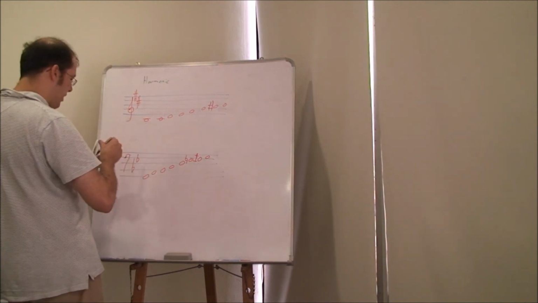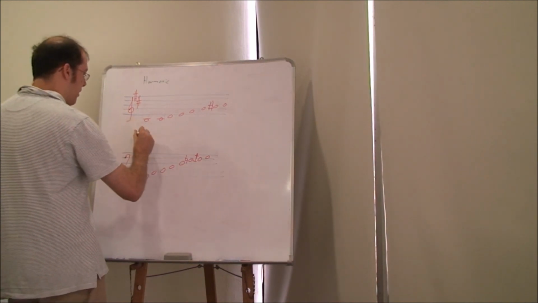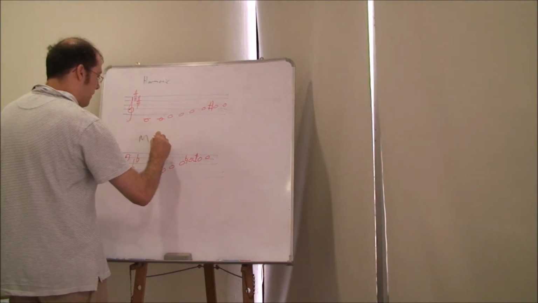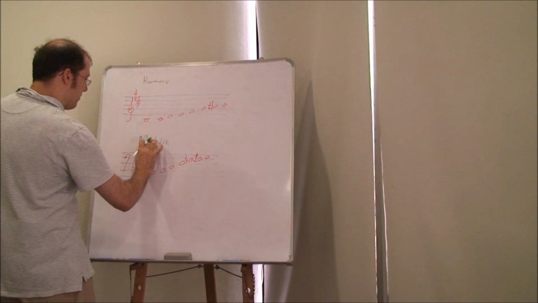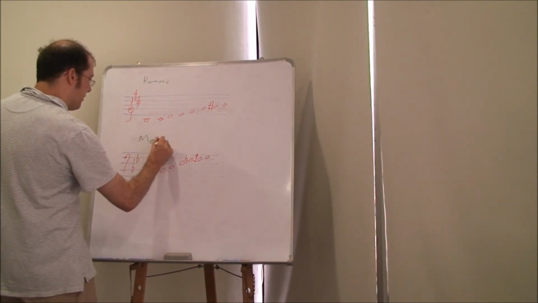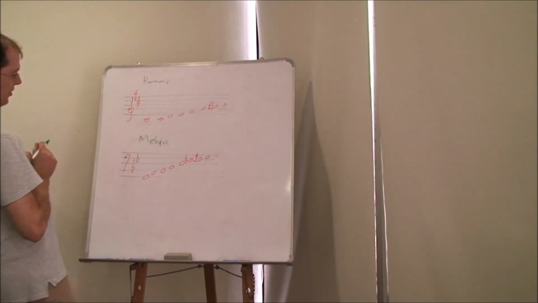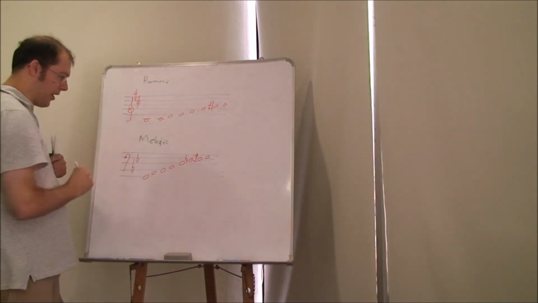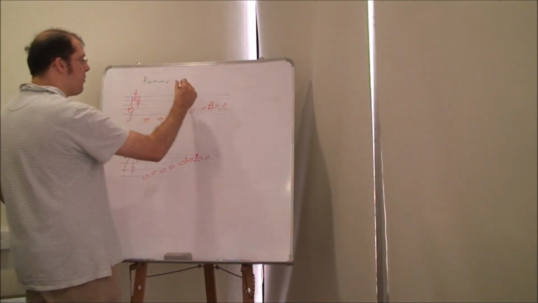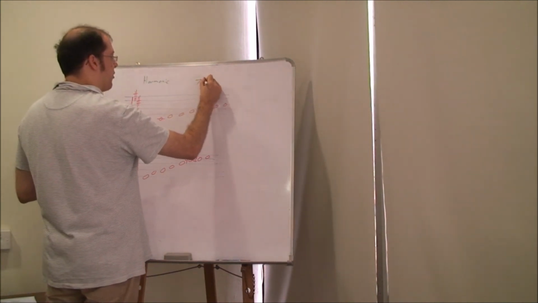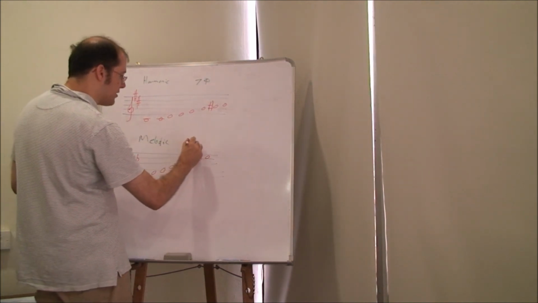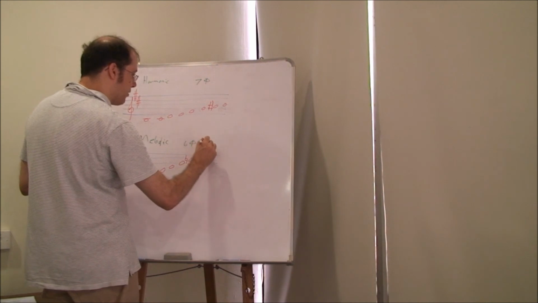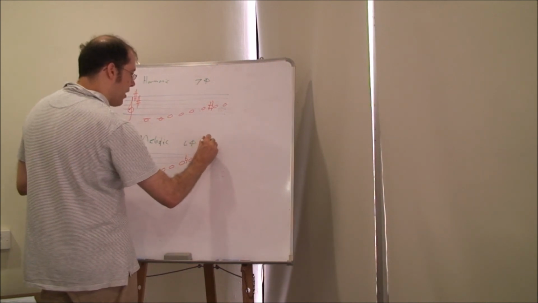So what happened here is we have the melodic minor. Let me write that a little bit neater. It's actually readable. Not sure if that's so much better. But anyway, melodic minor. In the harmonic minor, what we had is you raise the 7th note. In the melodic minor, you raise the 6th and the 7th note.